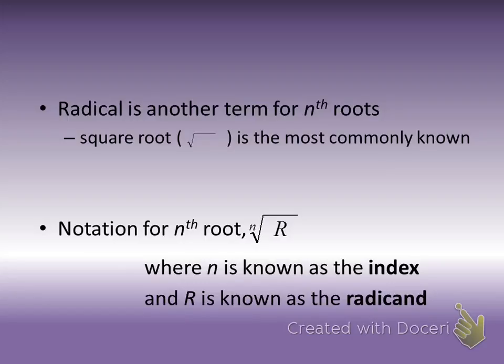If you do not write it, I will take off points. If you don't write the index from my problem to your answer, I will take off points, because you're changing the radical. You're changing what type of root you're talking about. You're basically taking a cube root and turning it into a square root, which does not happen often. That index, which will be a number eventually, is the most important number in the rest of the chapter for sure.